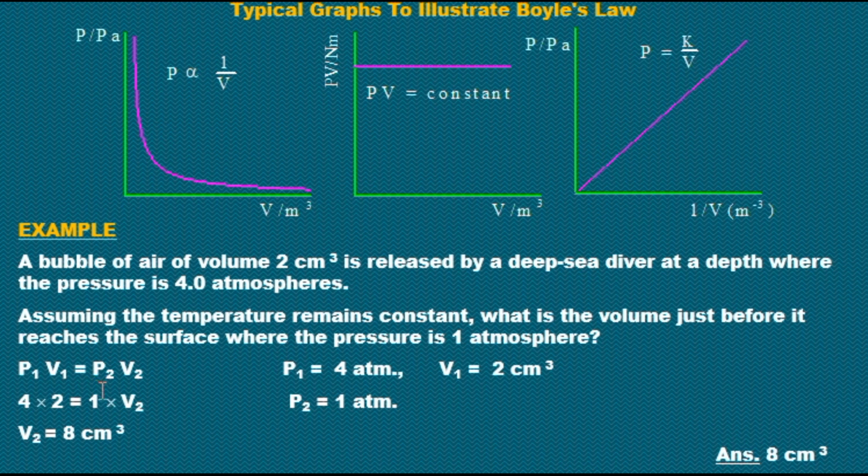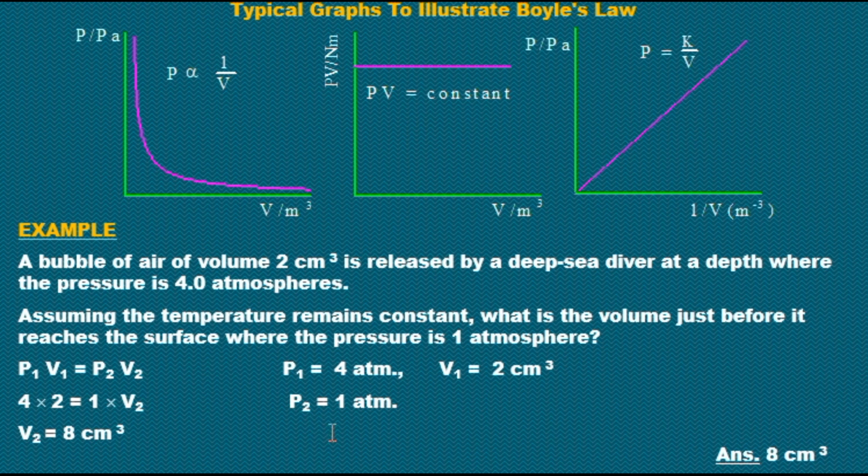According to Boyle's law, P1 V1 equals P2 V2. P1 equals 4 atmospheres. This is the pressure at the bottom. V1 equals 2 cubic centimeters.